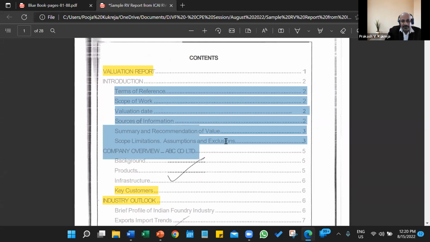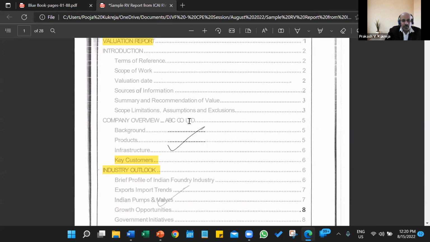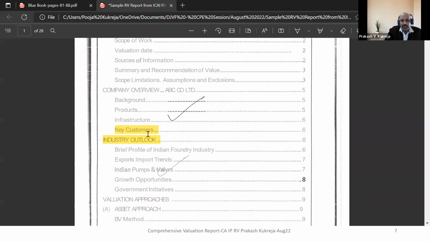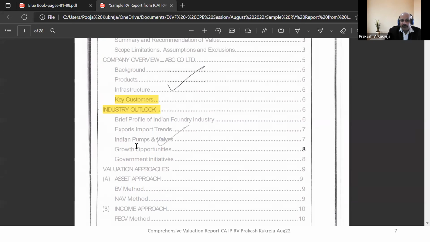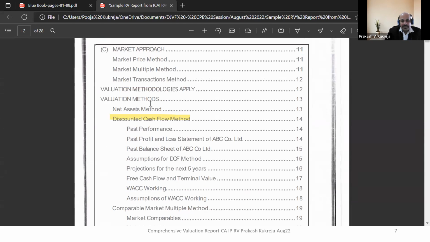Introduction also, then they have put very specifically how the valuer was appointed, what the scope, date, sources, and so on. Then they have given very good information about the company which they are valuing, including the customers, what the industry outlook is, what the growth opportunities are, the initiatives by the government, then approaches, then valuation methods.